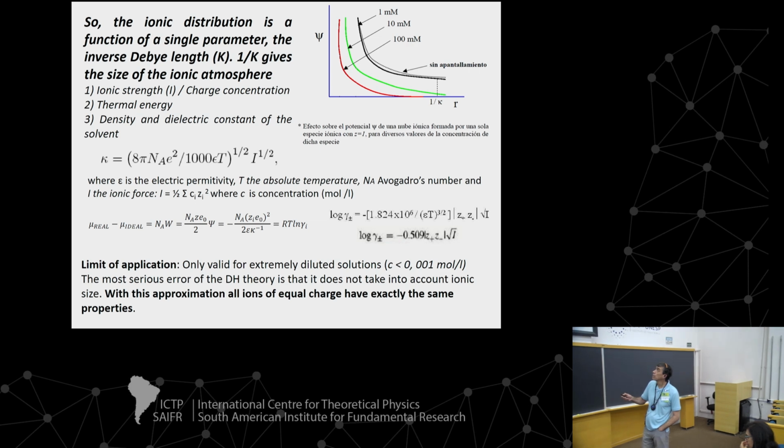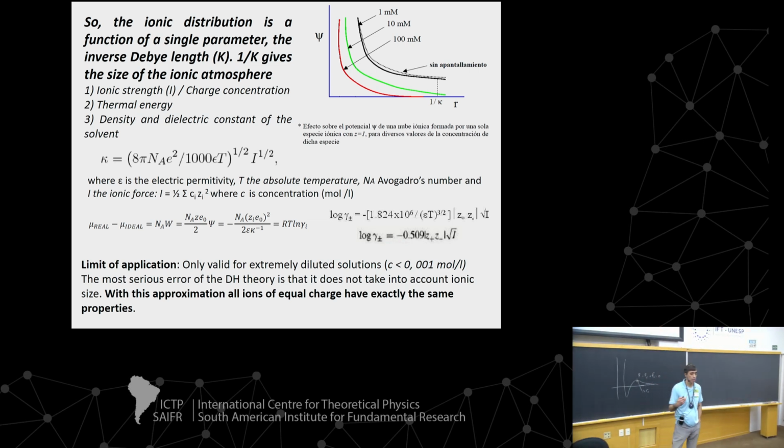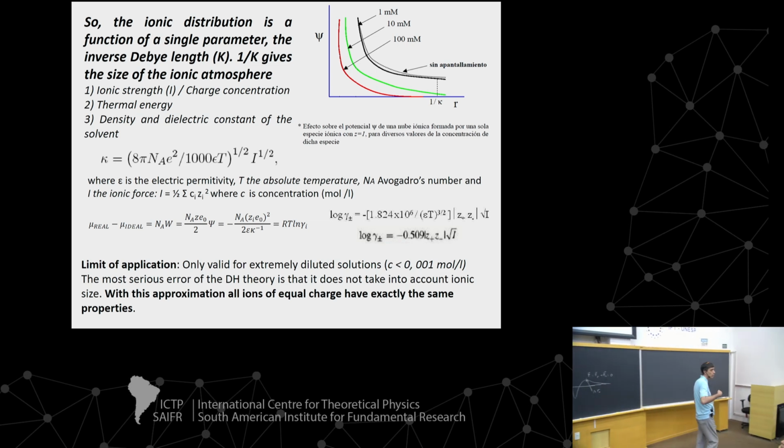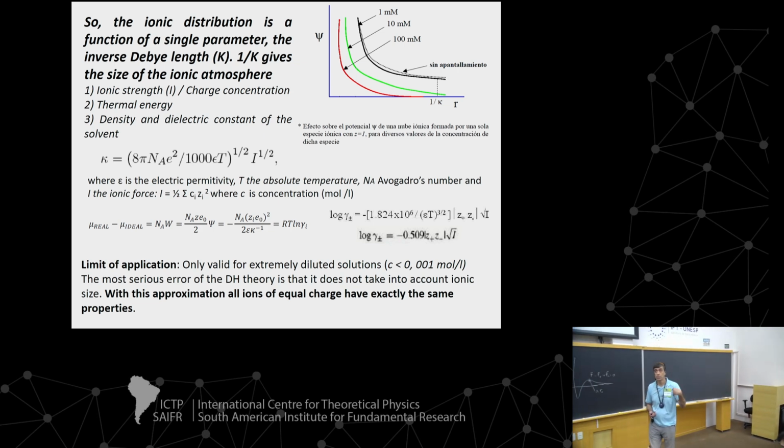So kappa would be proportional to the dielectric permittivity, of course, to the absolute temperature, and also to the ionic force. The ionic force would account for the rest of all the charges that are in the system, all the electric field that could be contributed by the same electrolyte, and also if you have another kind of electrolytes in the solution.